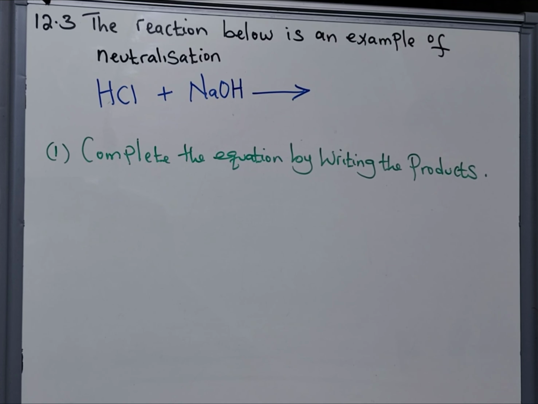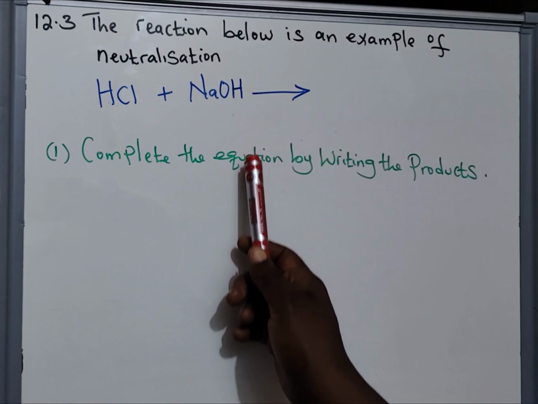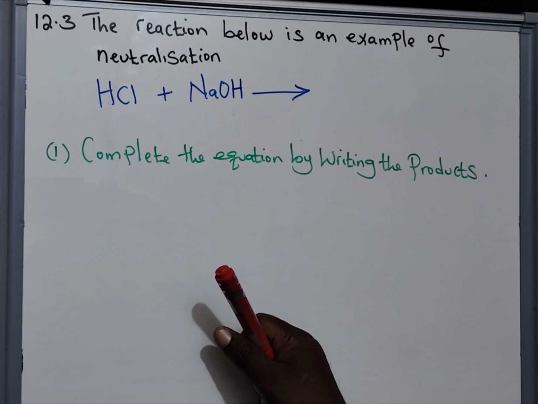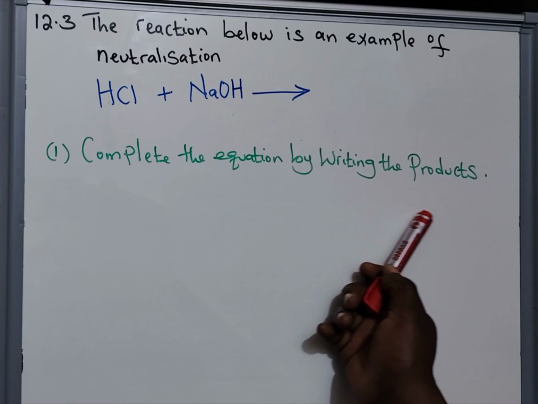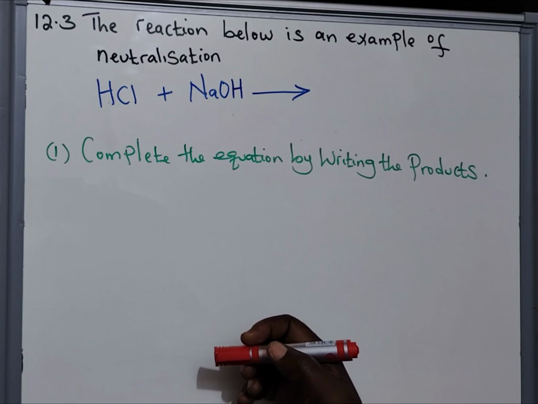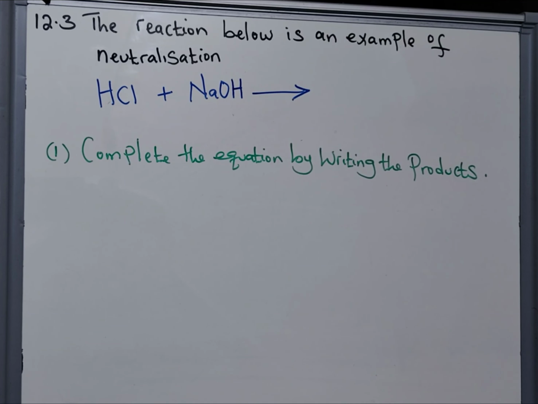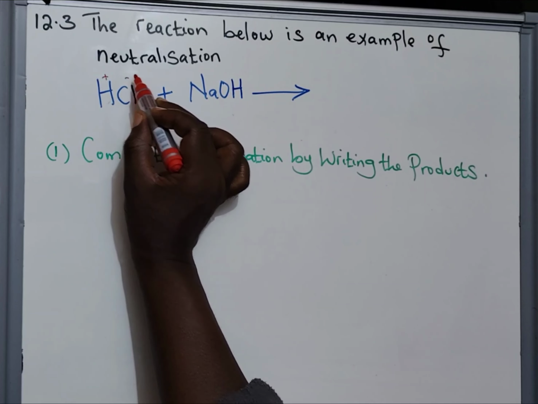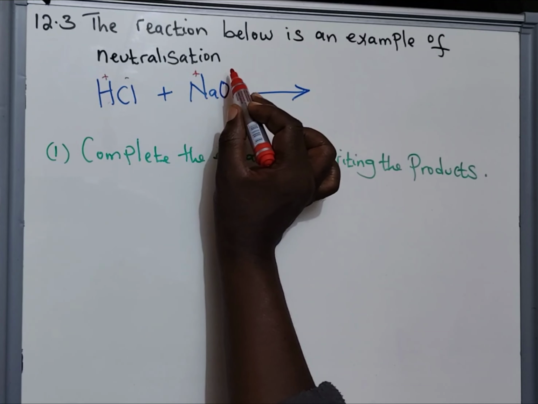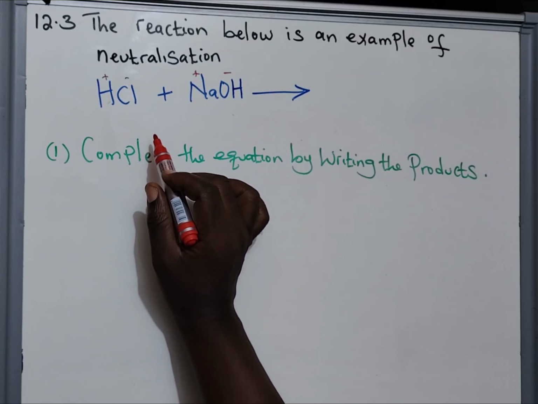Then comes this question. It says that the reaction below is an example of neutralization. Okay. This is the reaction, HCl reacting with NaOH. And the first question says, complete the equation by writing the products. Okay. So how do you write these products? This is what we know, that this is positive, this is negative, this is positive, this is negative.